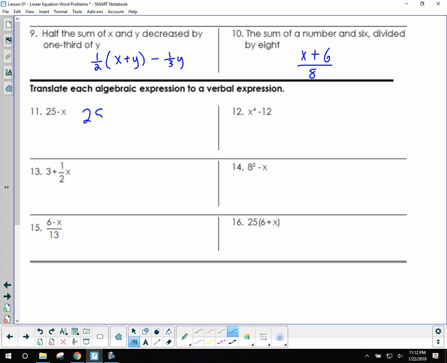I'm going to say x to the power of 4 decreased by 12. And look, I don't know if you can see this on your screen or not. Look down here.